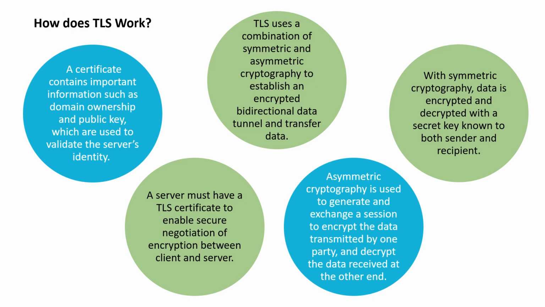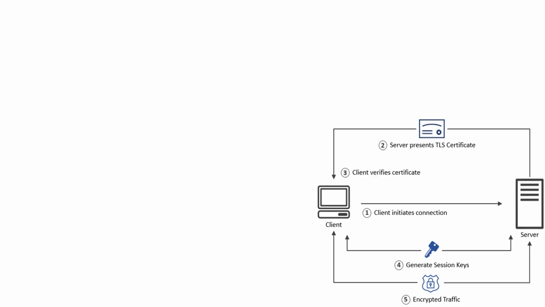In such a way, the Transport Layer Security protocol works by using a certificate which has information such as ownership and public key, which are used to validate the server's identity, and it also does encryption and decryption to ensure security.